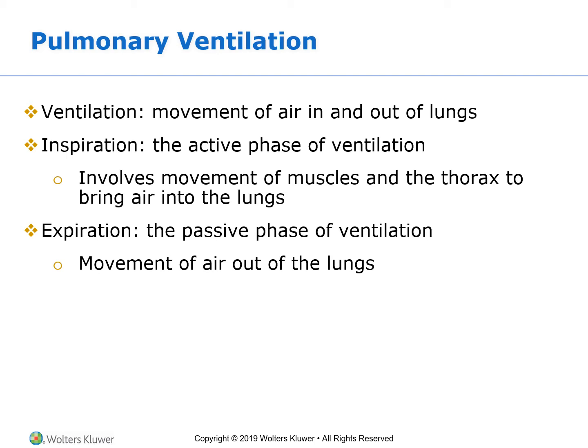So the diaphragm will relax, it'll move back up, the ribs will move back down, and the sternum will go back into position. And then there'll be a decrease of volume in the lungs and an increase in the pressure within the lungs. As a result, the air in the lungs moves from that area of greater pressure in the lungs to back outside the body where there's less pressure, and it's expired.